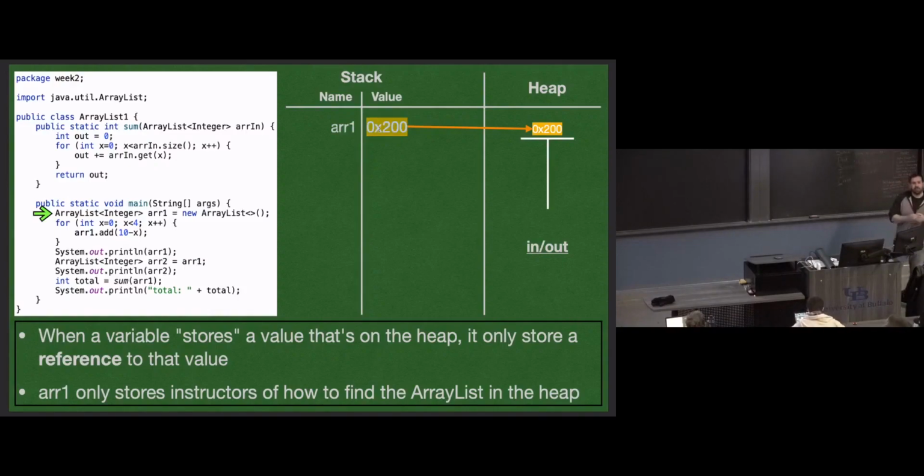It's basically a roadmap of where in memory we can find that array list. And that's it. It doesn't store anything else. It just stores that address. Where can I find that array list? That's it. And then that address can be used. You can actually use those instructions and go find your array list in heap space. But it does not store an array list.